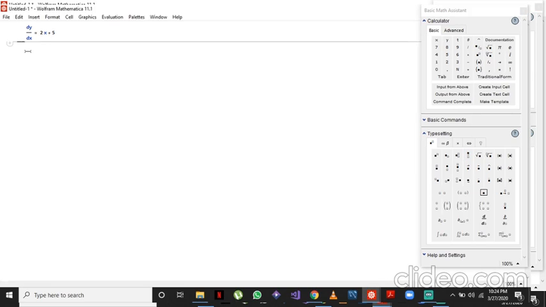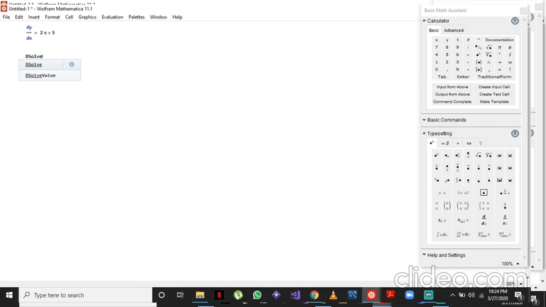To solve this, basically we need to write a subsequent way to solve this equation, which is DSolve.